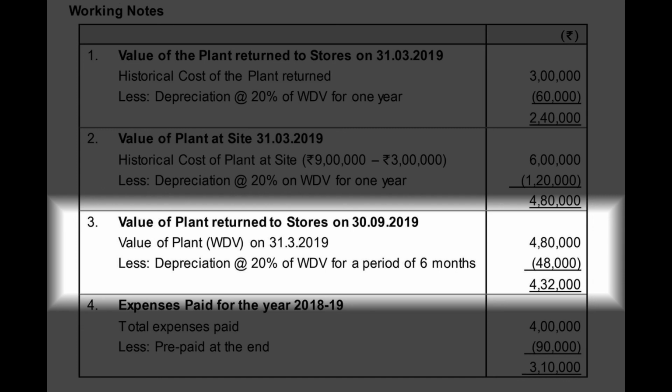Calculate 4,80,000 into 20% divided by 2. Why 6-month period? Already 4,80,000 means after providing depreciation for 12 months period. So we have to take a written down value as on date. From that we have to deduct depreciation for 6-month period. That means 1st April 2019 to 30th September 2019. Go to outer column, update 4,32,000.